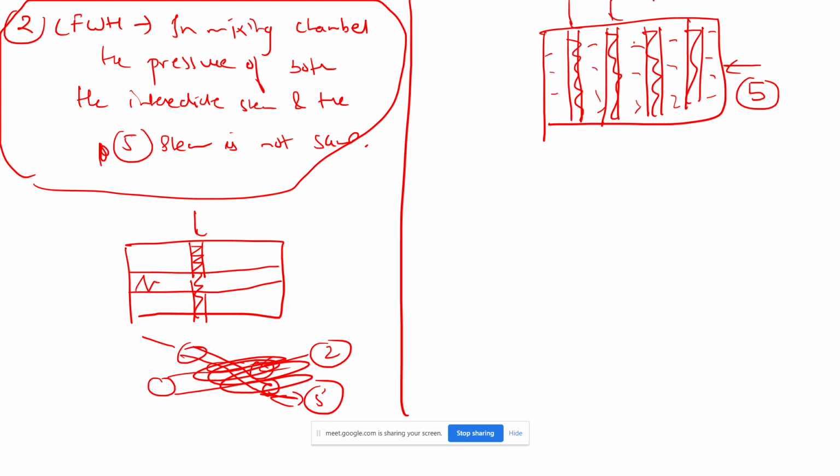So this is point 2, this is point 6, so the pressure is not the same. These tubes are made of copper, so heat is transferred, supplying heat to the surrounding steam and improving the quality. That is the only difference, and I don't think there is any other difference.